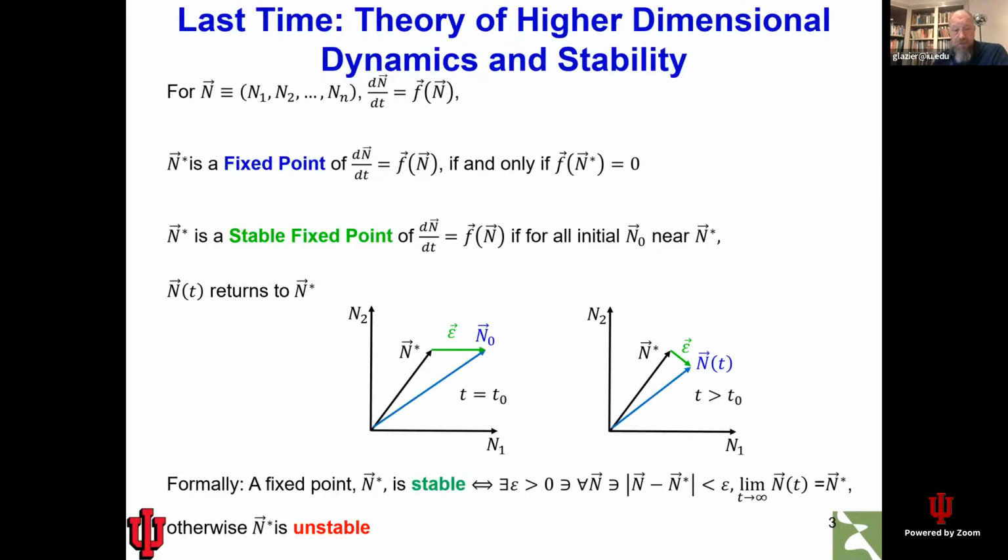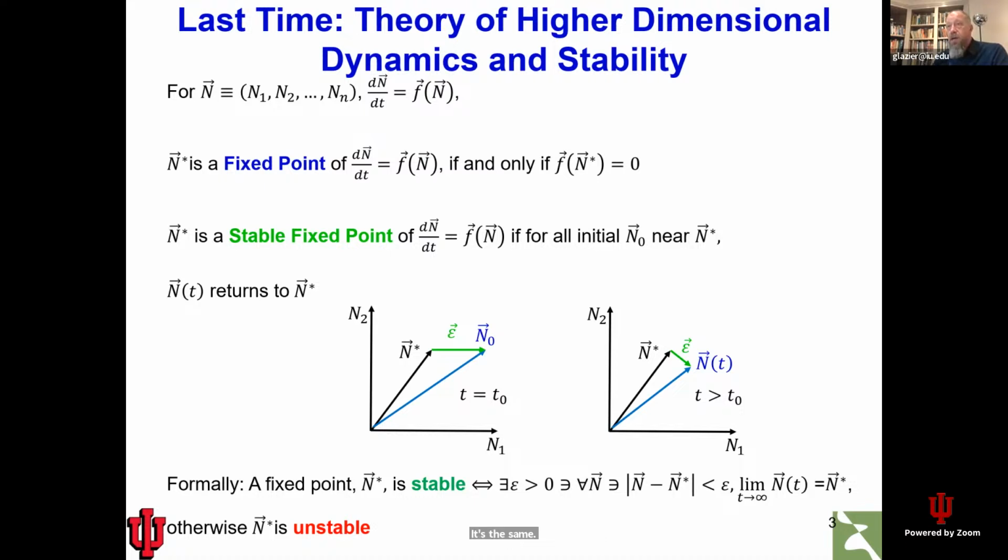So last time, Rita kindly went over the basics of dynamical systems theory in two and more dimensions. We had talked about the basic concept of a fixed point, which doesn't change when you have a different dimension. It's the same in any dimension.